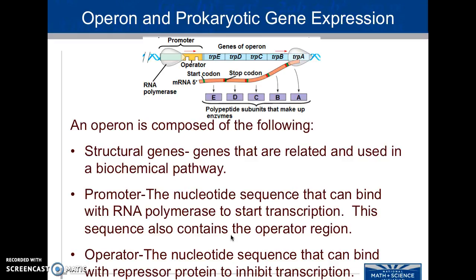And then the operator, which is the nucleotide sequence that can bind with repressor proteins to inhibit transcription. If we think back to the first slide, there are two ways that we can stop transcription. The operator, which is the segment right after the promoter or the TATA box, can stop the transcription of these genes.